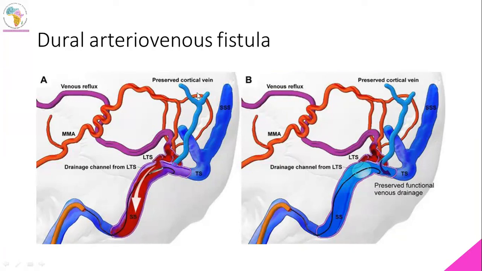Usually the cortical veins that drain to that sinus will drain blood away from the brain. But if we have those pathological arteries that form a connection and increase the pressure, now we have a backflow of blood along the cortical vein that leads to venous hemorrhage inside the brain.